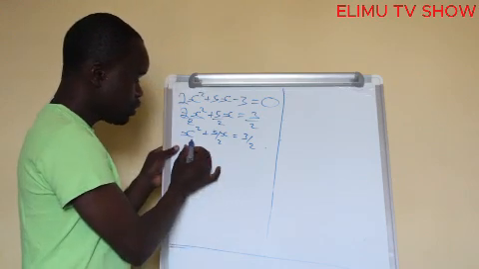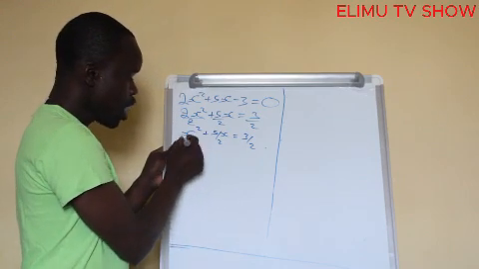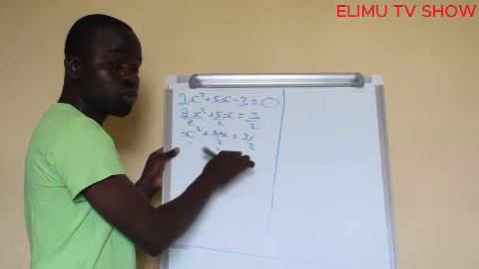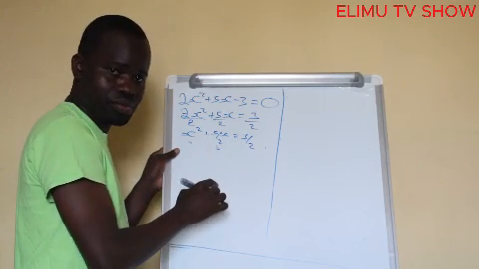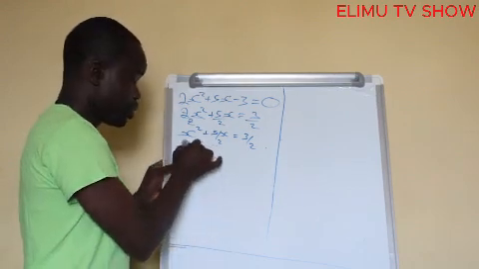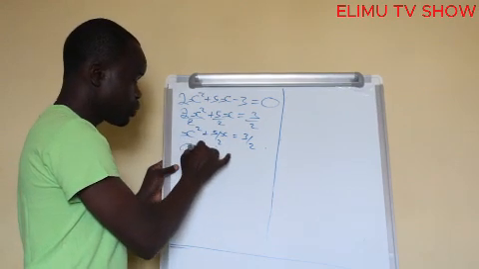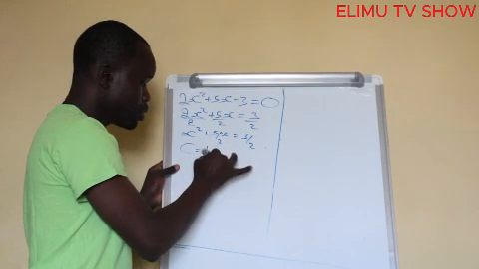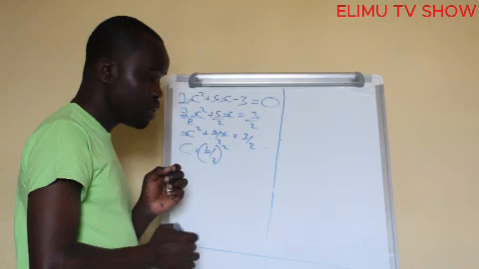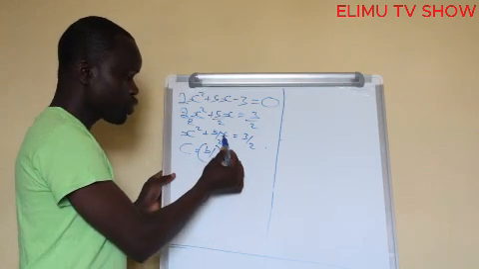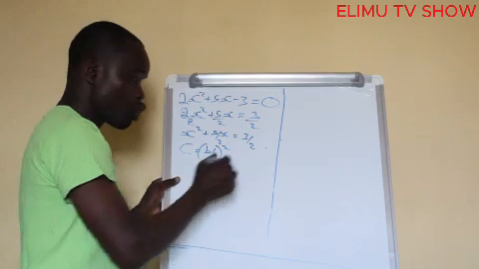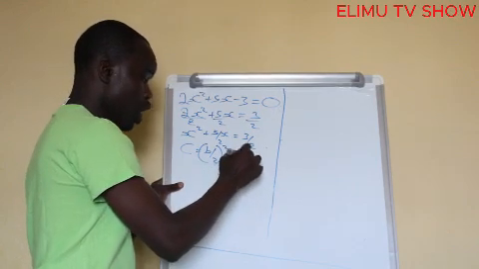If you look at this equation, we have our a, we have our b, but we don't have our c. So to solve for c, we say that c is equal to b over 2, squared. Our b here is the coefficient of x, which is 5 over 2. So this is what we are going to have.